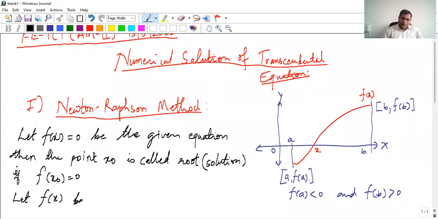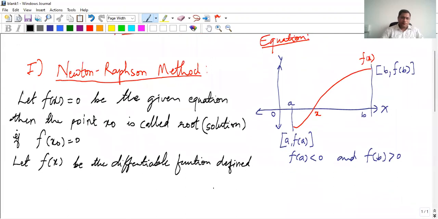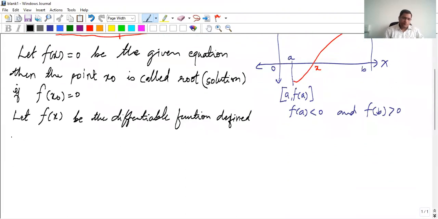So f is a differentiable function defined in the interval a to b. Okay, so it is defined in the interval a to b and it is differentiable.